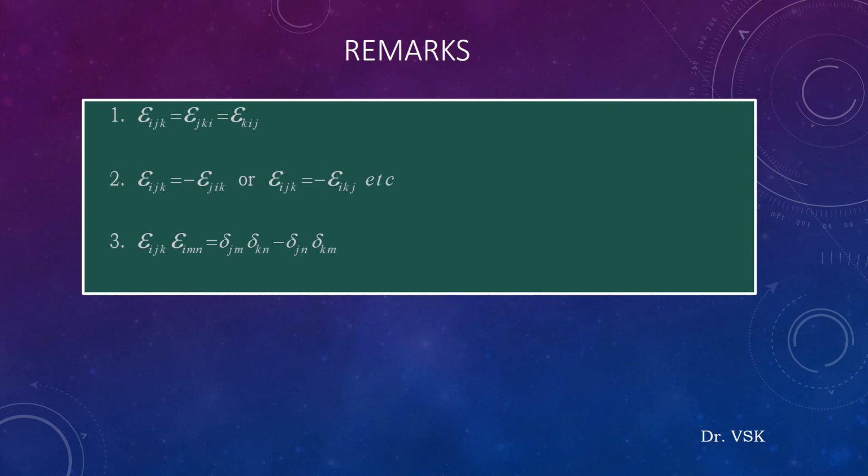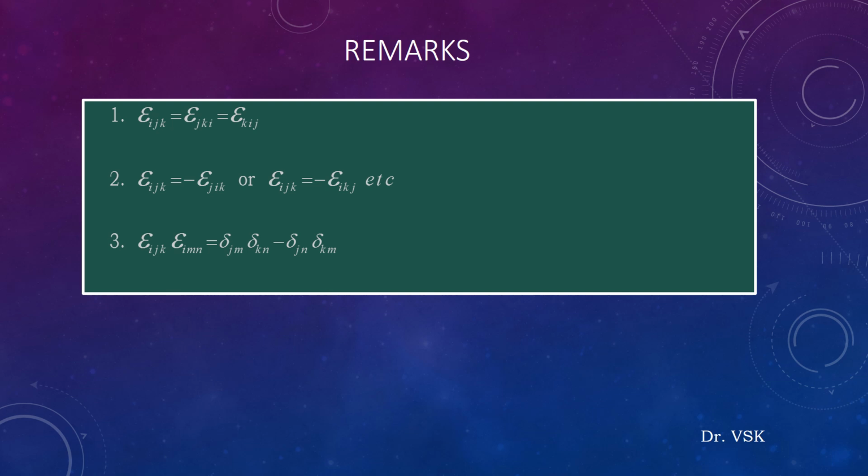Similarly, if we take epsilon ijk and flip the positions of j and k, I get minus epsilon suffix ikj. So epsilon suffix ijk equals minus epsilon suffix ikj.